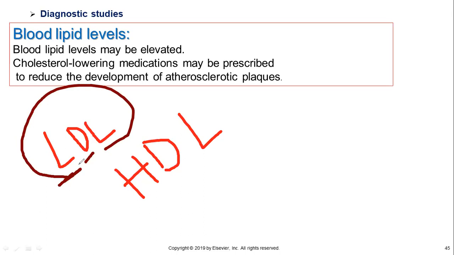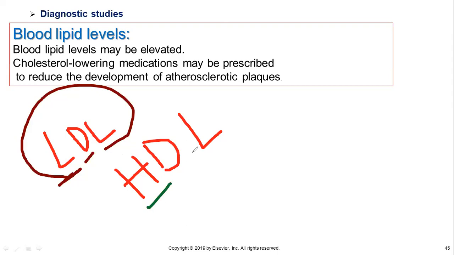On the other hand, the good cholesterol, which is called HDL, means high density lipoprotein, they're good. Why? Because they carry the bad cholesterol away from the heart to the peripheral organ, and they act as a scavenger. They protect your heart.